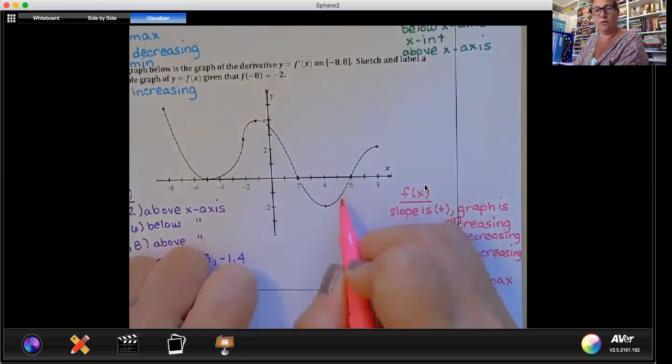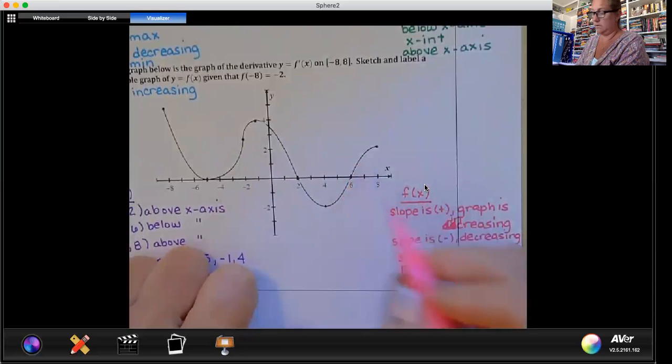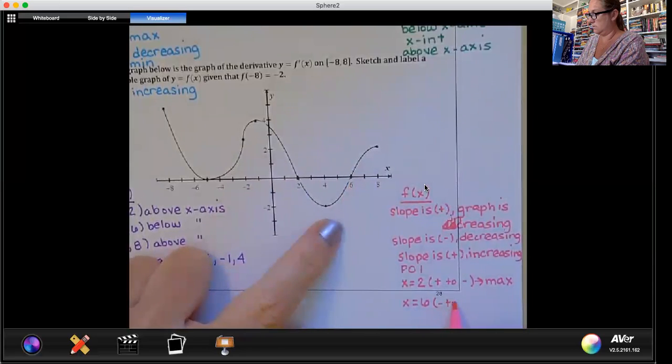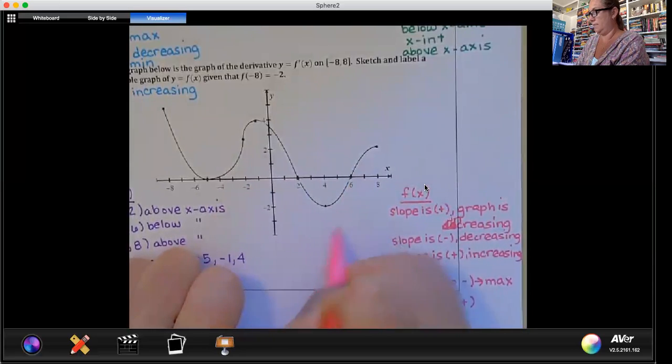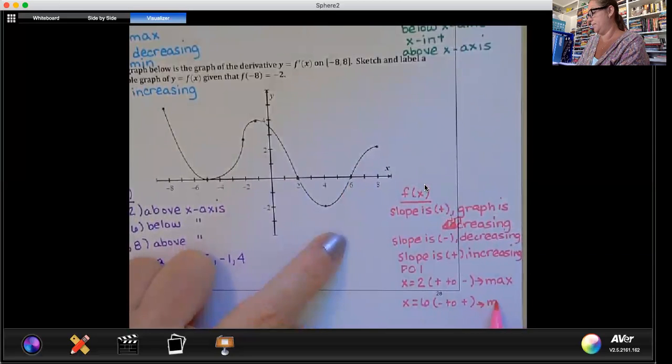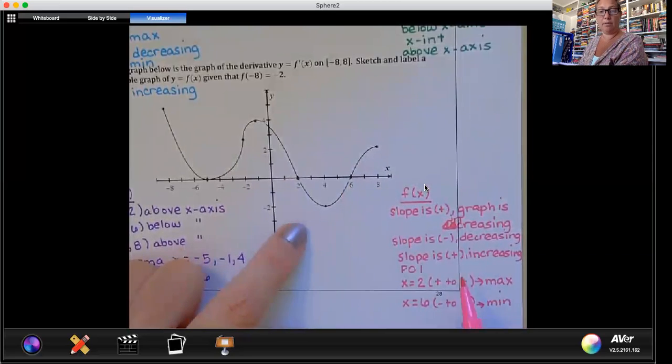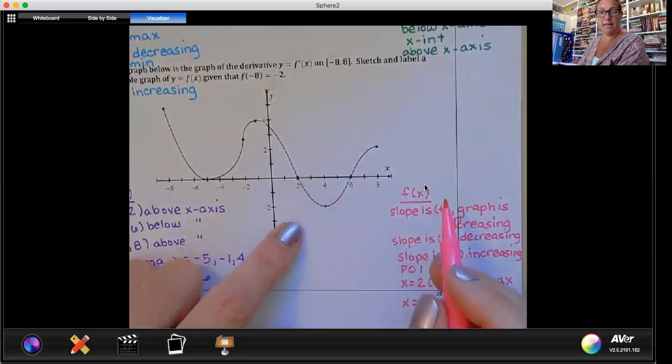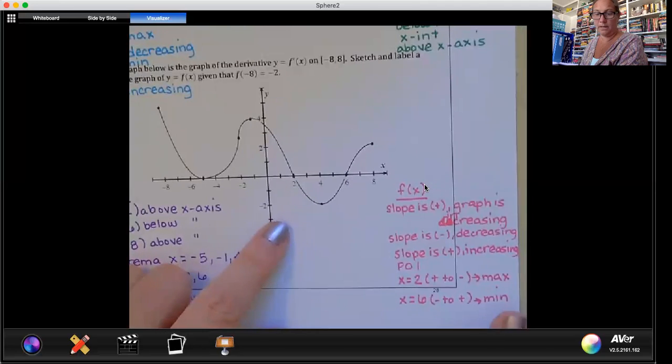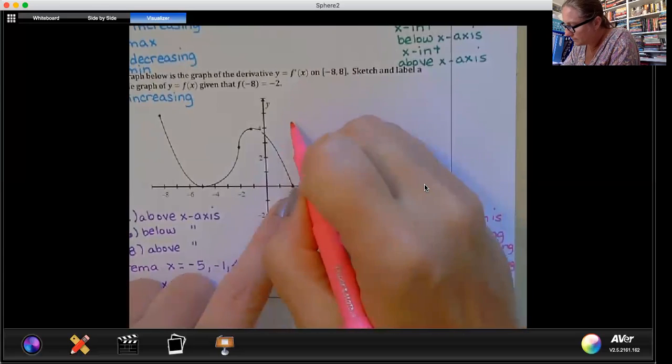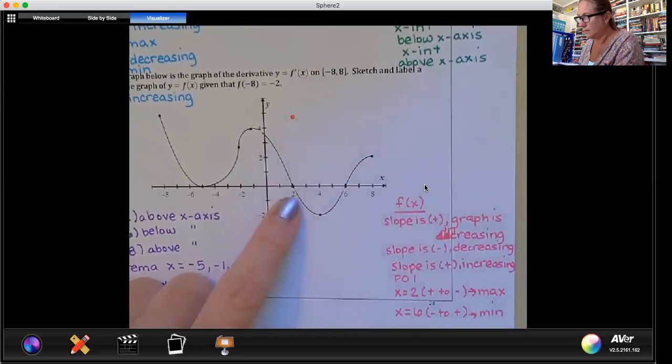And at 6, you are going from negative to positive, so you have a minimum. Now, you want to go ahead and plot these points on your graph and then take into account where your graph is increasing or decreasing. So at 2, you have a max, and at 6, you have a minimum.